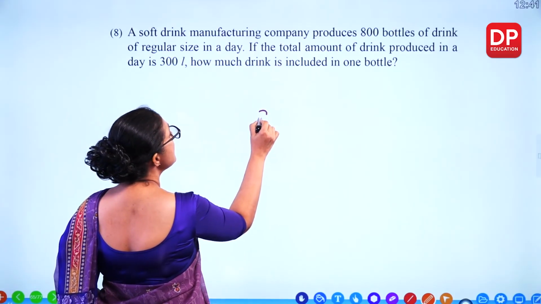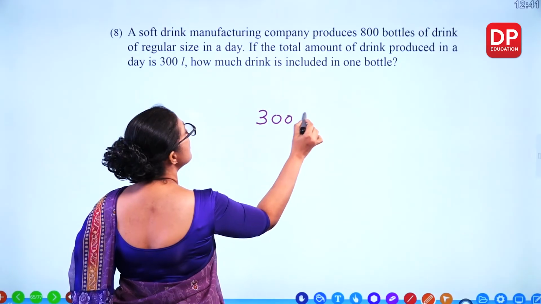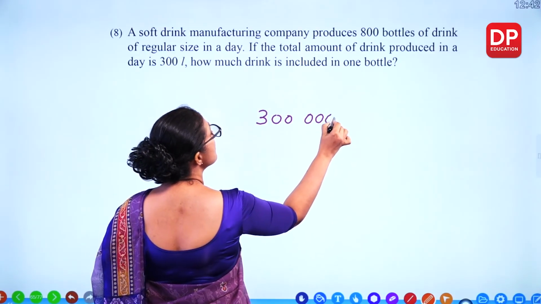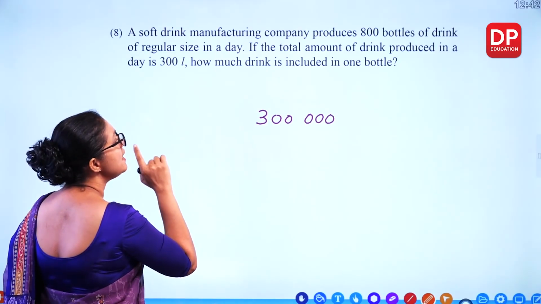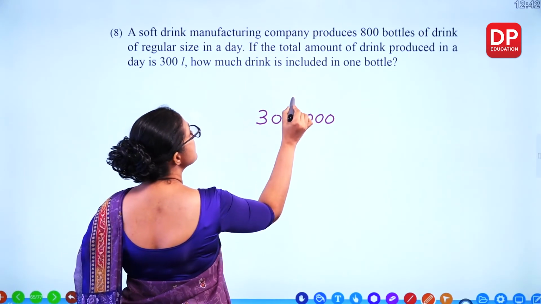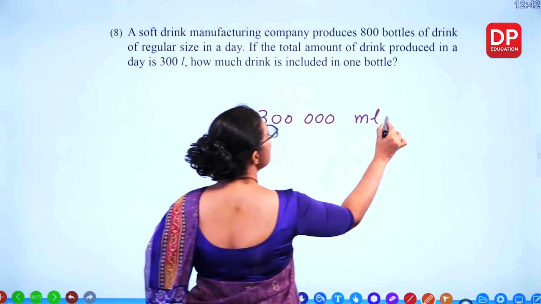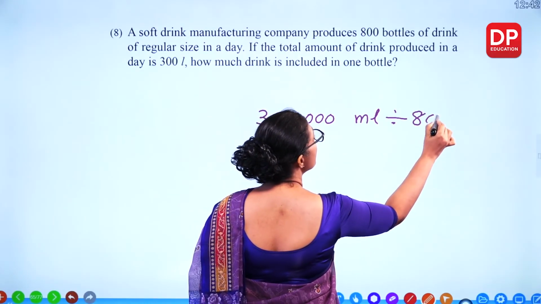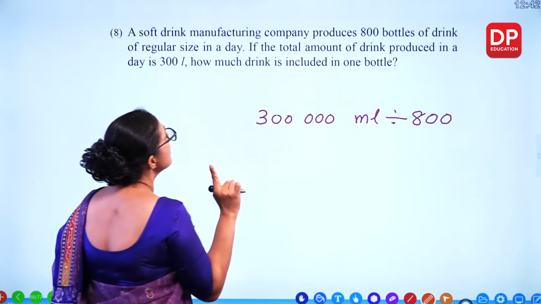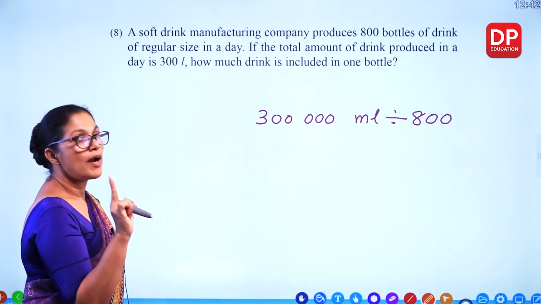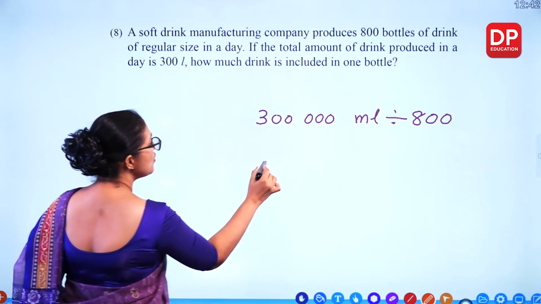So in milliliters, you have to multiply by 1000. 300,000 milliliters. That value you have to divide by 800 to get the amount in 1 bottle.